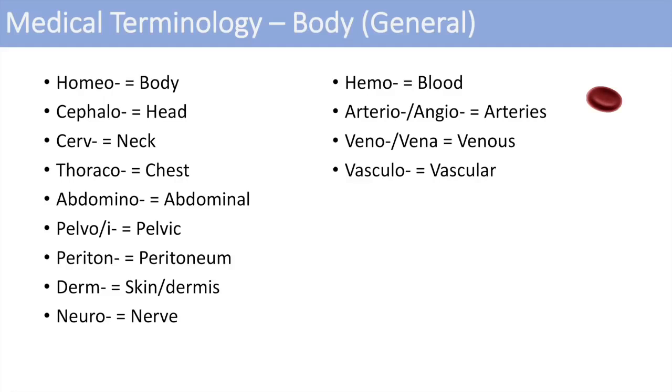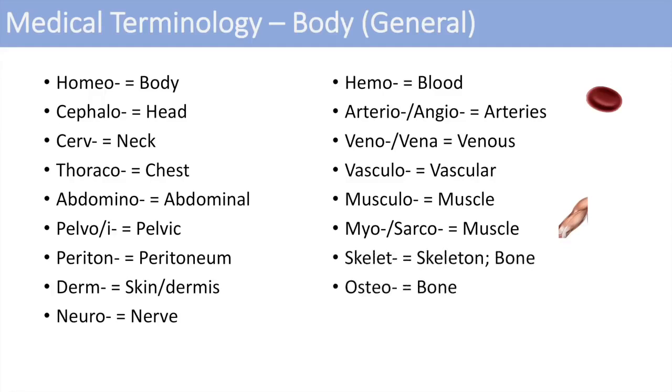Vasculo just means vascular. So your vascular system, your vasculature. Musculo for muscle. Myo, and also the related term sarco for muscle. So you might have heard of myocardium or sarcoplasmic reticulum. They all deal with muscle or muscle cells.